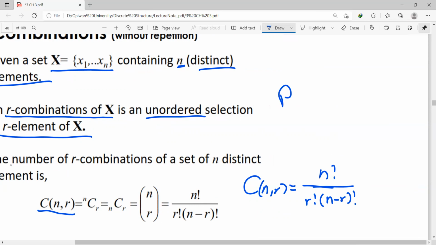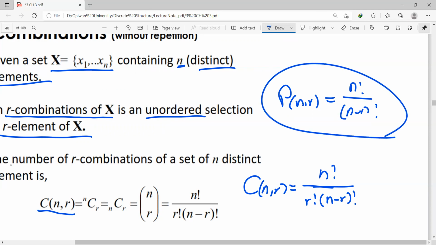Who remembers P(n, R)? What's the rule here? The rule for permutation is n factorial divided by (n minus R) factorial. Just to remind you of this rule. For combination, it's the same as permutation, but it's divided by R factorial. These two are similar, but here we just divide by R factorial.